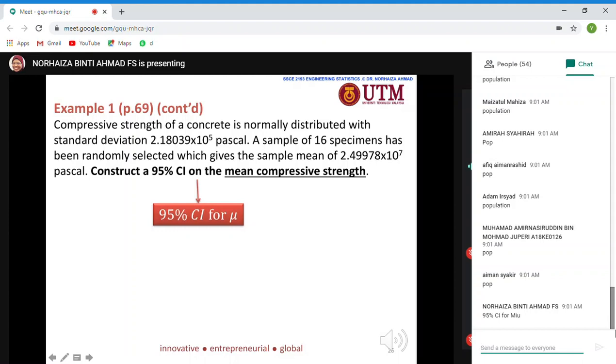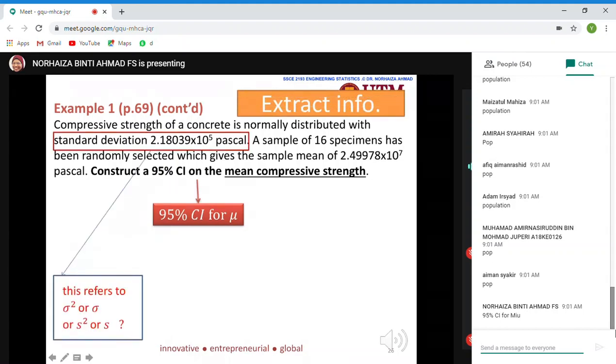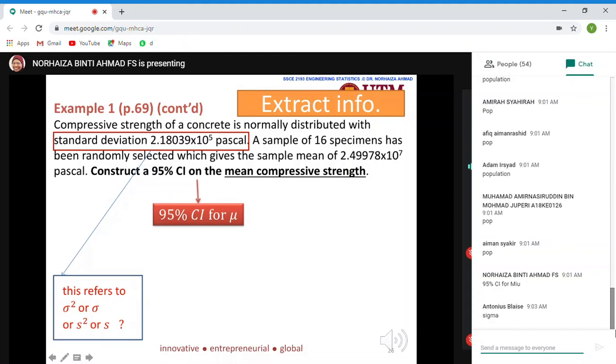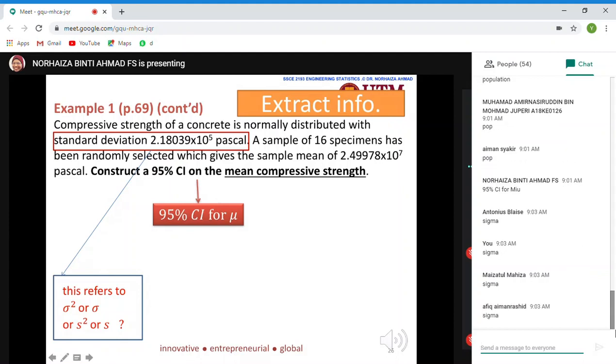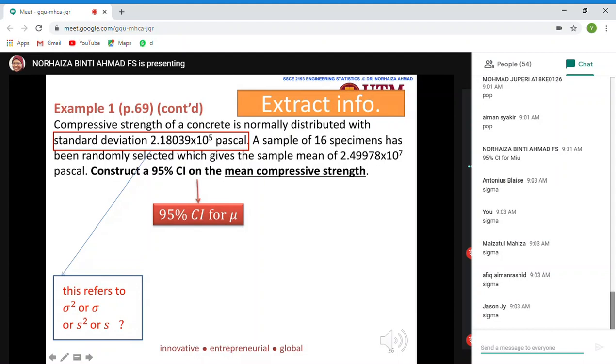So you need to extract the information. Does this one refer to sigma squared or sigma? You know that it's a standard deviation. So which one is it? Sigma squared, sigma, s squared, or s? This one. It is sigma.